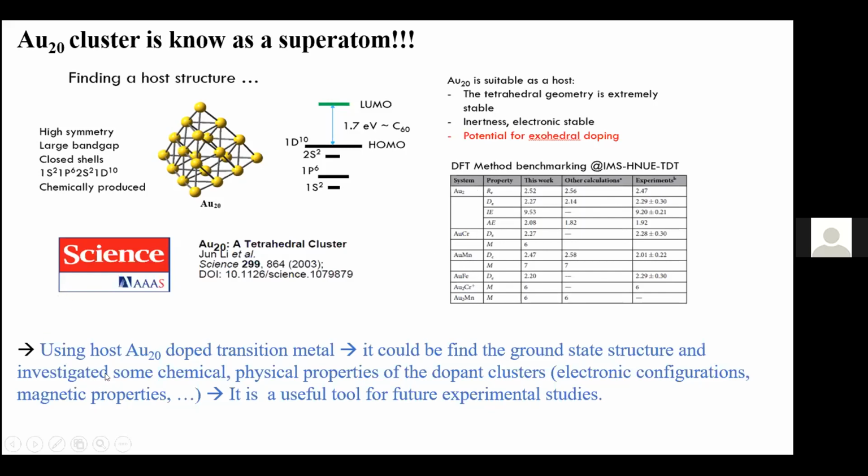By using the host gold cluster and changing the dopant, we can find the ground state structure and investigate some chemical and physical properties of the doped clusters, such as electronic configuration or magnetic property.